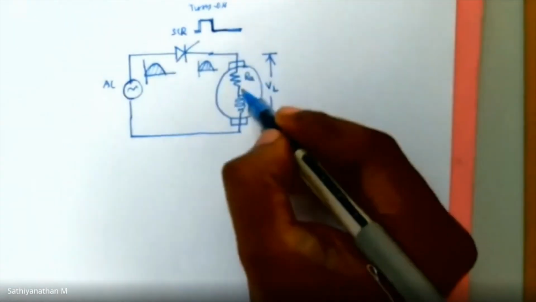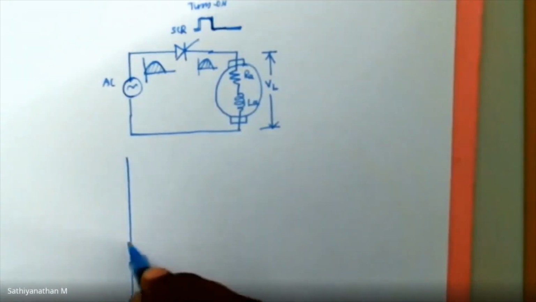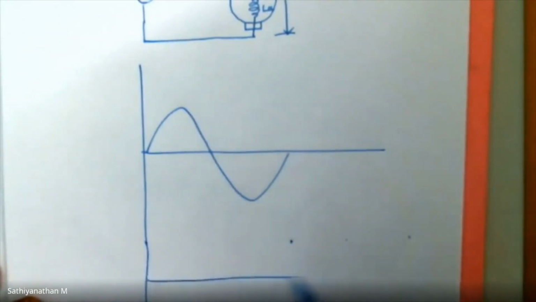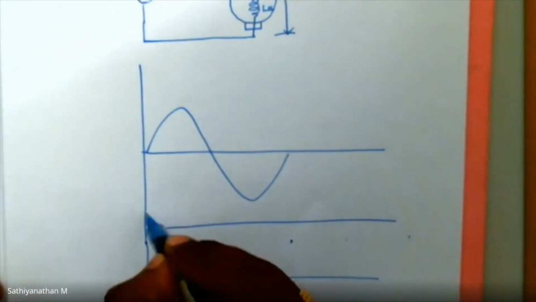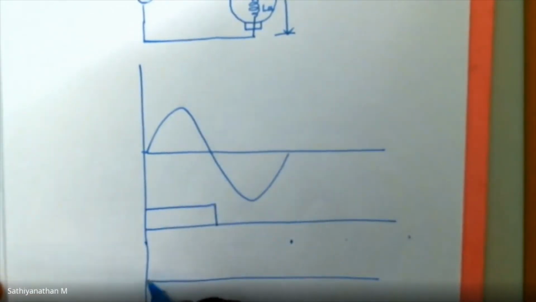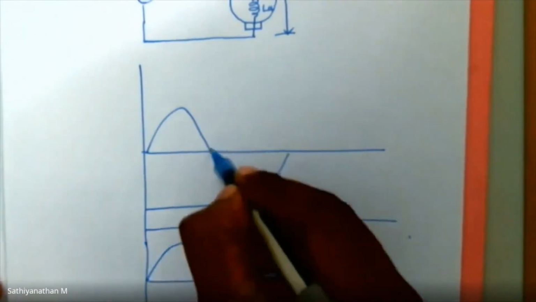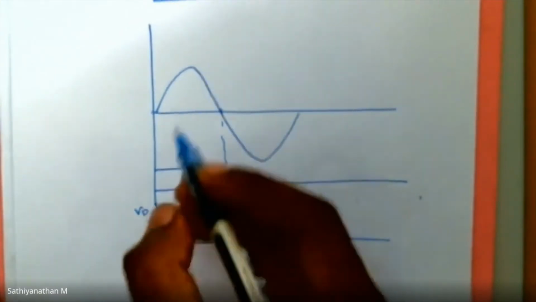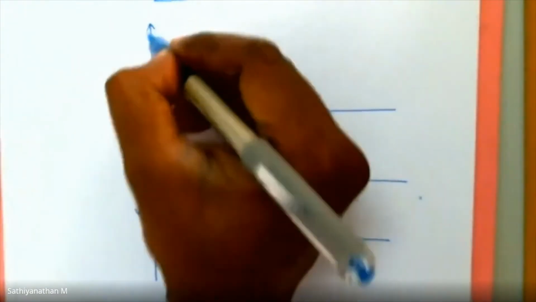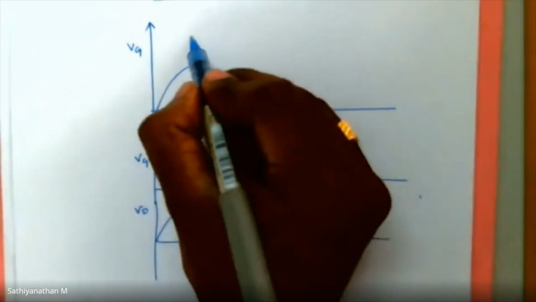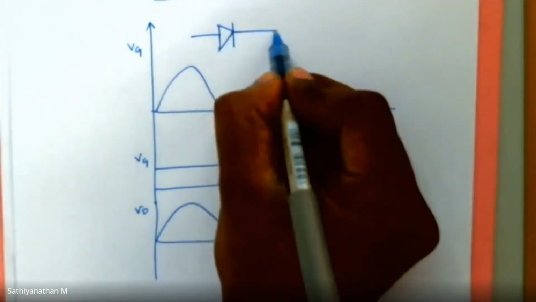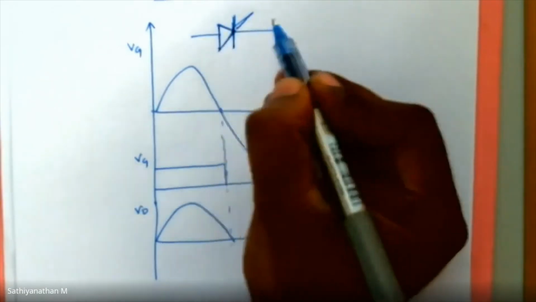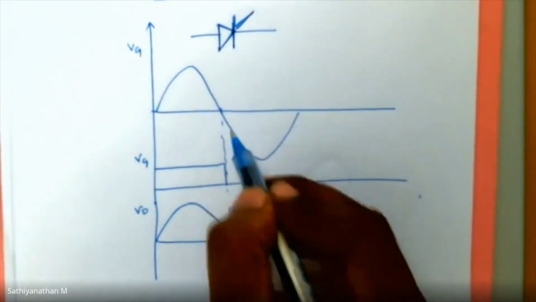At the same time, this is your voltage. Say for example, you are triggering this device at 0 angle, and your motor will receive this voltage. So this is V0 received by your load, and this is your gate pulse. This is your positive peak, because SCR is a unidirectional device, which allows the current flow in one direction.